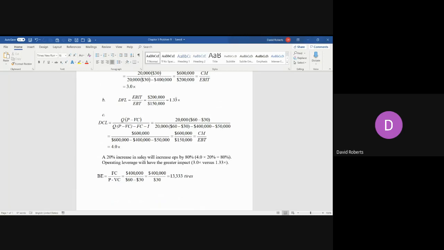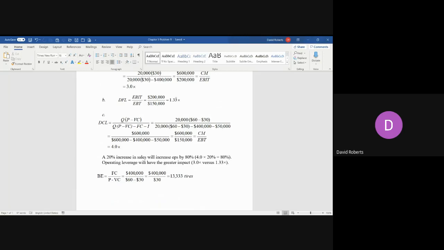So that's a very important number to know, because again, it's a magnitude or a multiplier effect, just like you would have had in macroeconomics, where you know that every dollar of earnings results in a larger increase to the economy with the multiplier effect.